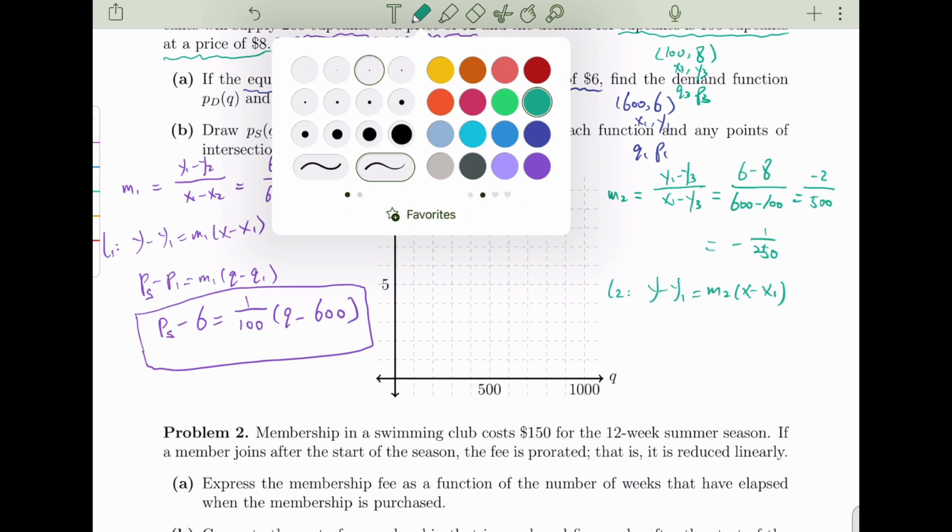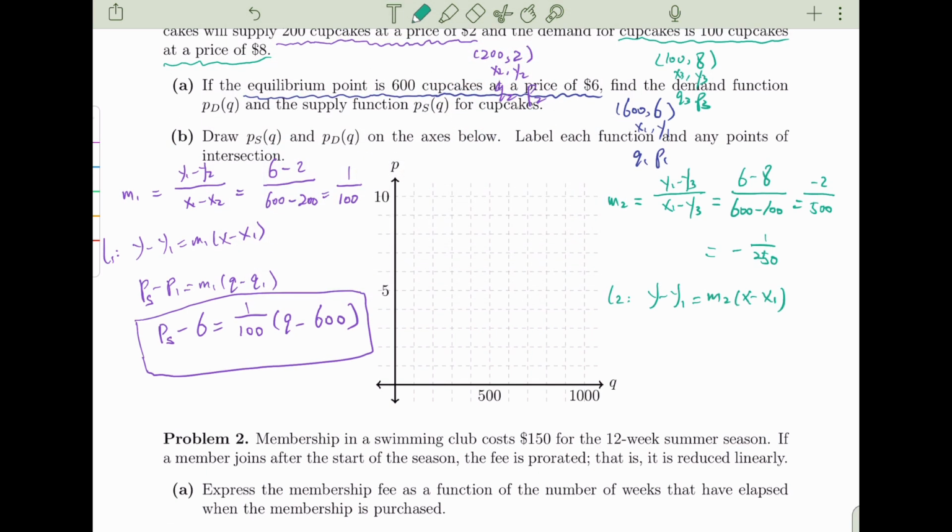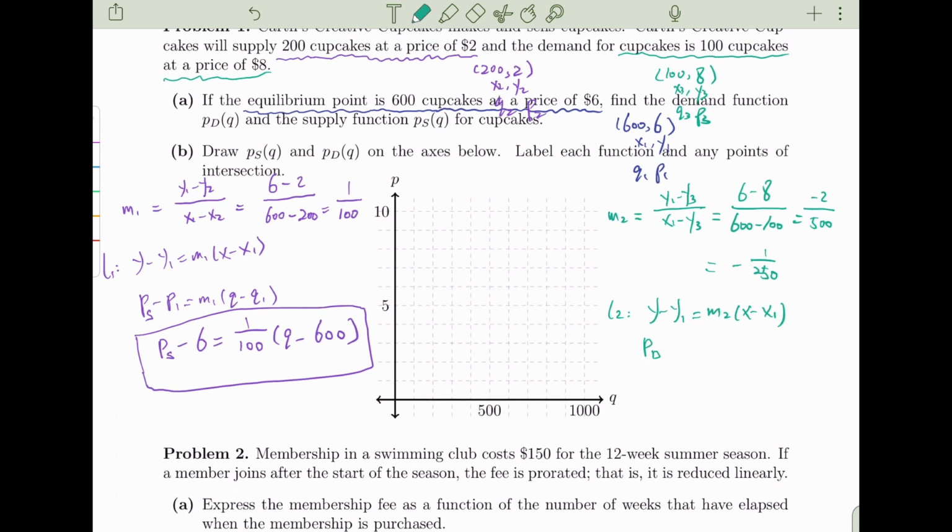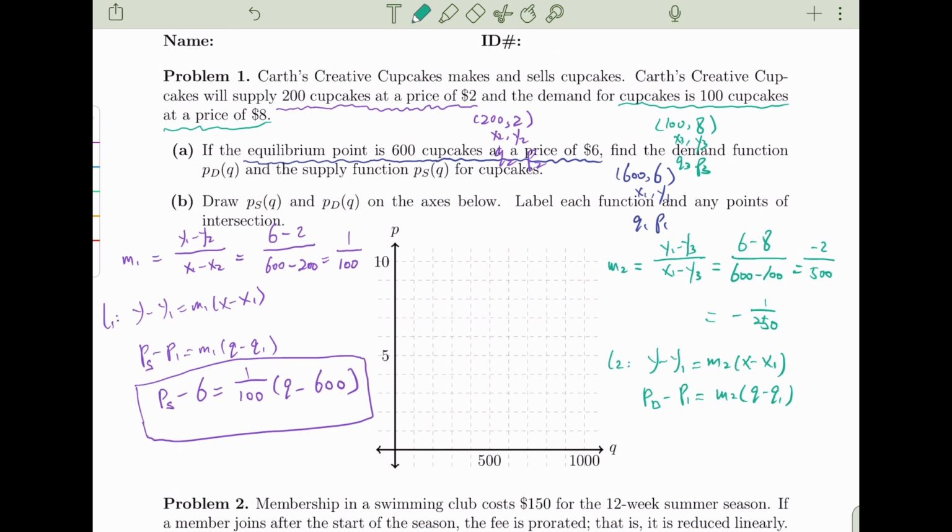But since the coordinates have the names P and Q, we're gonna change it. So instead of writing this xy, I'm gonna write P of D, demand, minus this P1 equal to M2 times Q minus Q1.